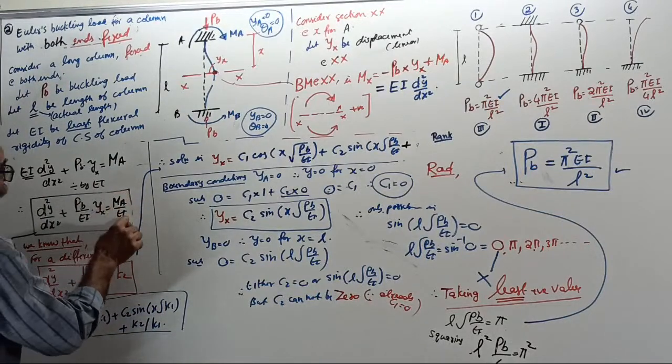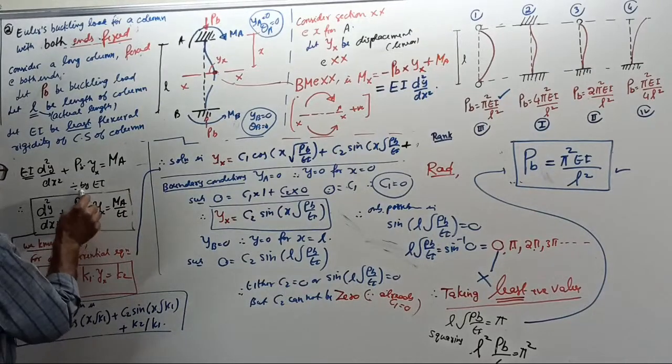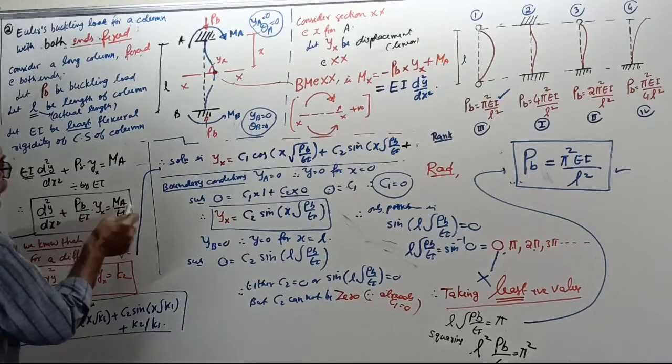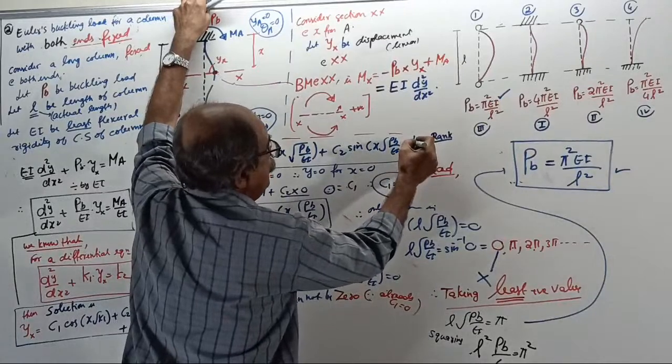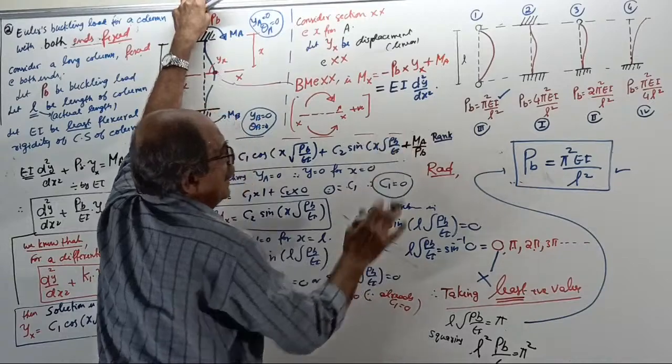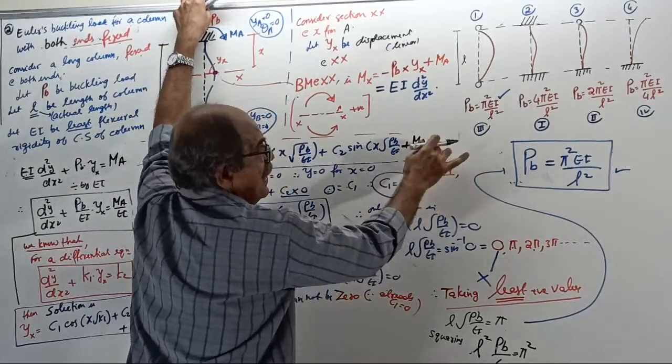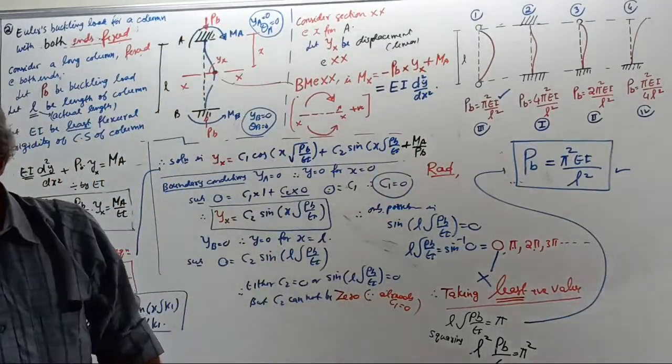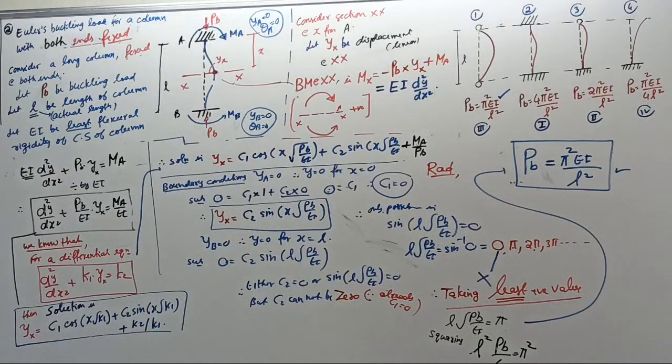K2 is MA by EI, K1 is PB by EI, so K2 by K1 is MA by PB. Plus MA by PB, one extra term will come. Last time 0 came. This time MA by PB.